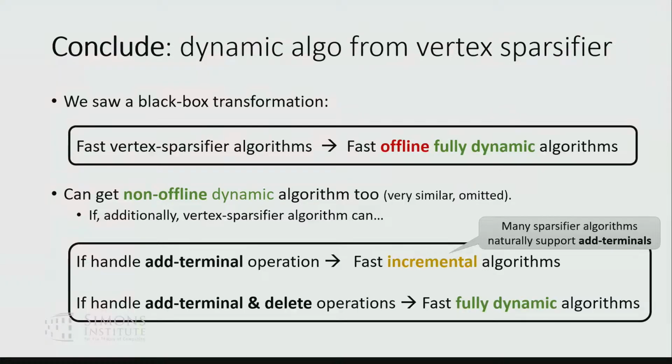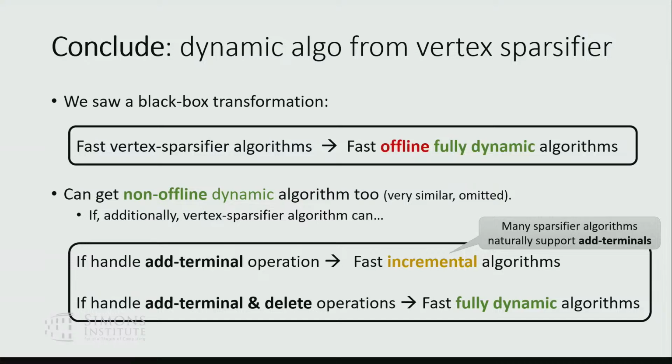And by the way, many vertex sparsifiers in the literature, including the one that preserves distance by Thorup-Zwick, naturally support the add terminal operation. Other ones, something else called a cut sparsifier that preserves max flow, also naturally support this.